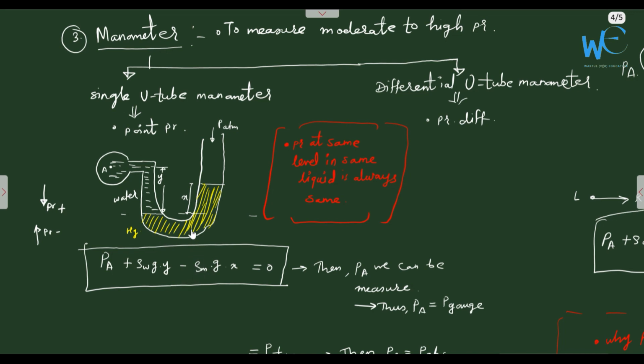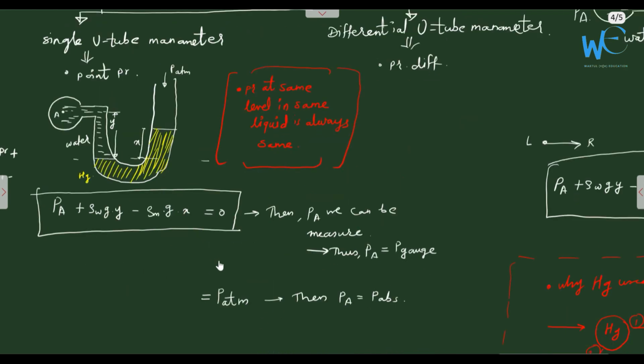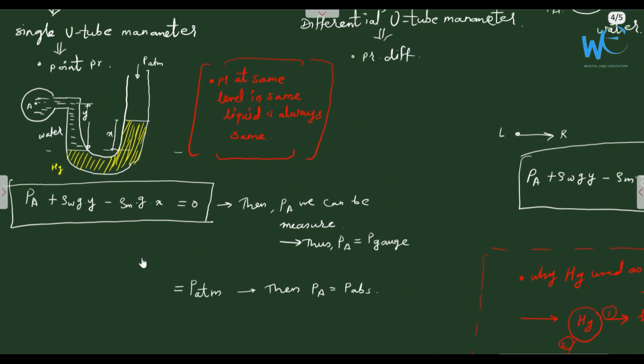Then this is the manometric liquid, so rho m into g into the manometric liquid's height, which I denoted as x, is equal to 0. In this way you can form the equation. Clear your basics, it will be more beneficial and you will get more clarity while solving.